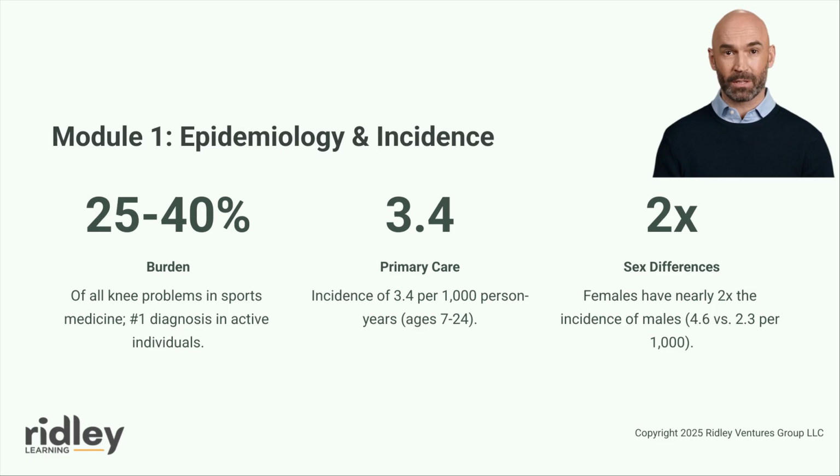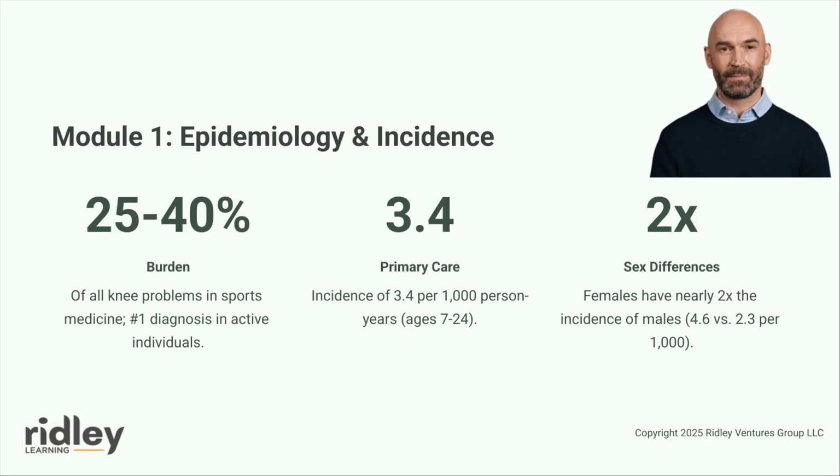Notably, the study revealed significant sex differences in incidence rates, with females demonstrating nearly twice the incidence of males. Specifically, the incidence was 4.6 per 1,000 person-years in females compared to 2.3 per 1,000 person-years in males. Peak incidence occurred at age 13 for both sexes, coinciding with periods of rapid growth and increased sports participation during adolescence.